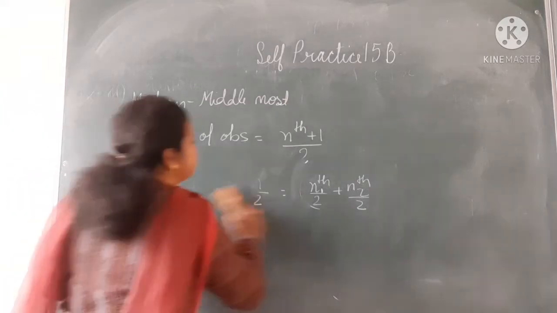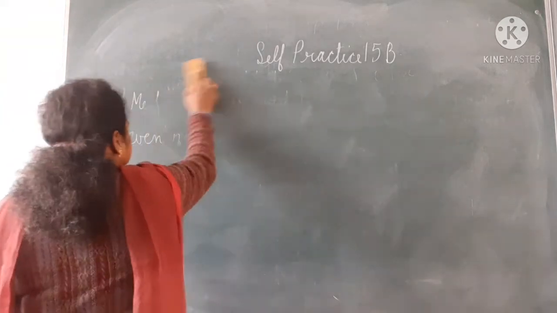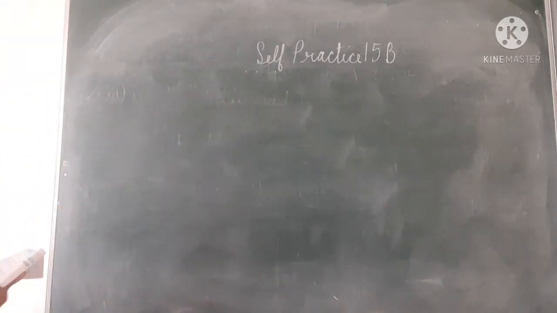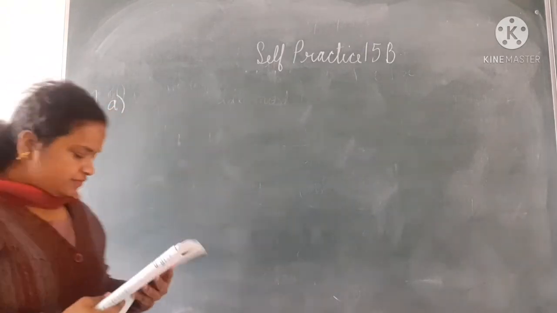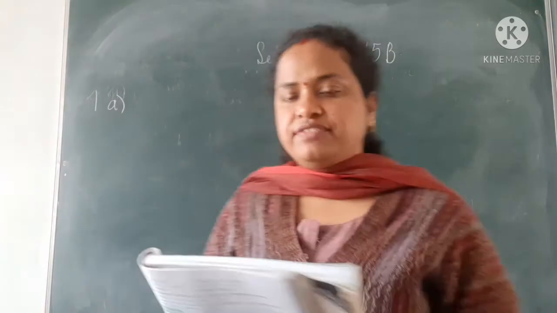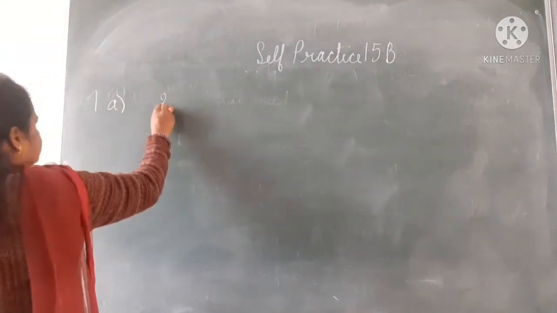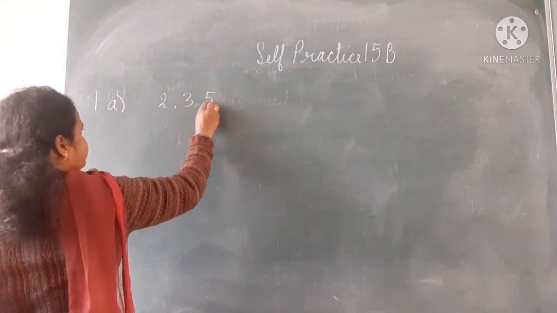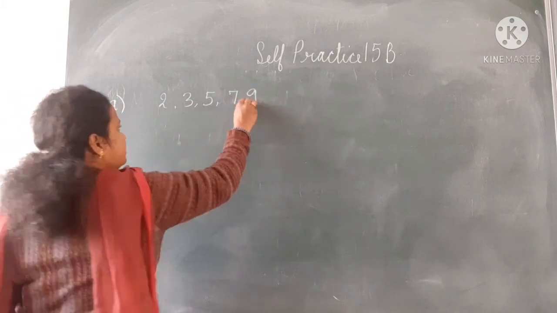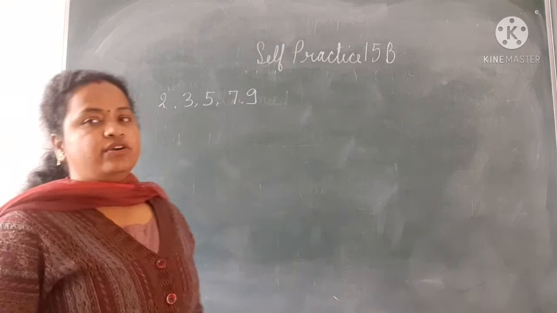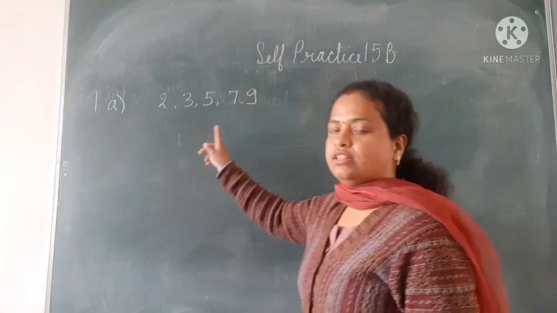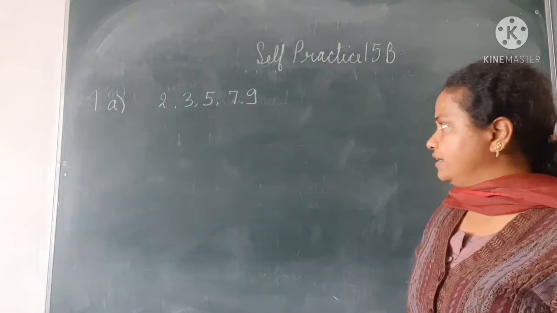Now let's do the exercise. Self practice 15B, first part A: 2, 3, 5, 7, 9. First see whether it is in ascending or descending order. These are in ascending order.